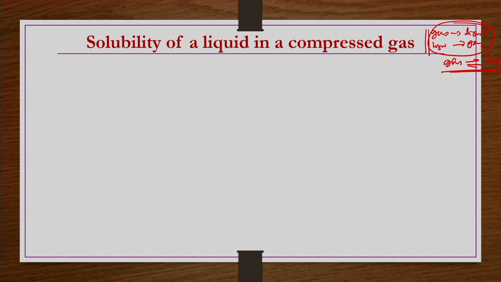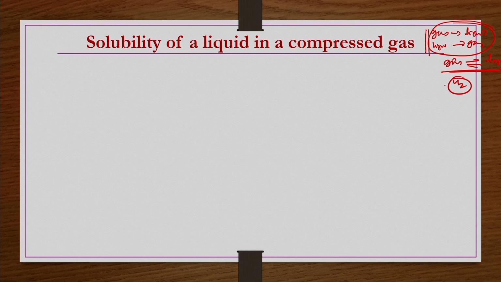In the previous case, the solid was being dissolved into the gas phase, so we were only obtaining Y2. Now, in this case, gas is dissolving in the liquid and the liquid is also dissolving in the gas.